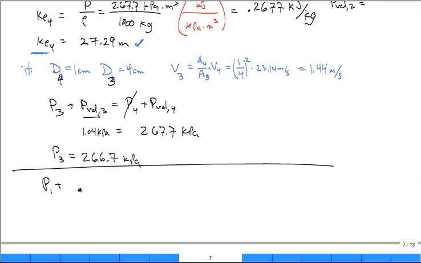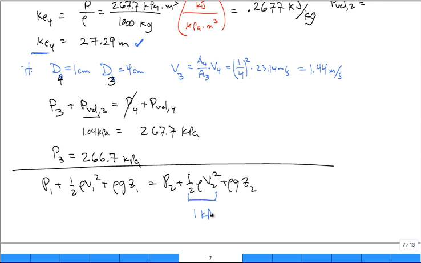Pressure at 1 plus 1/2 rho V1 squared plus rho g Z1 equals pressure at 2 plus 1/2 rho V2 squared plus rho g Z2, right? This is the velocity pressure at 2. We said it was about 1 kPa. This is 0 elevation, our benchmark. This meter, that was 12 meters tall, Z1. The pressure was 150 kPa gauge, and the velocity pressure at the top is 0.